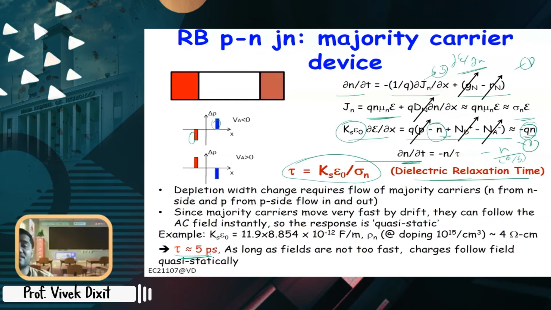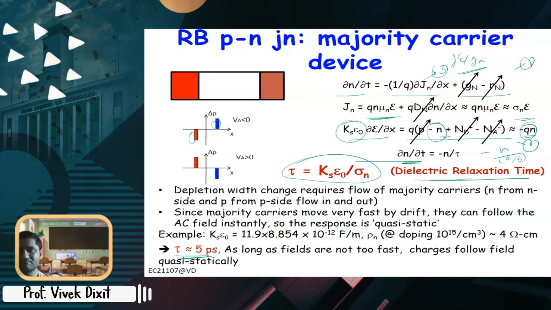Now you can compare this with the minority carrier lifetime, which is of the order of a few tens of microseconds. So if a device parameter depends on minority carriers, it will depend on frequency. If it depends on majority carriers, it will be more or less independent of frequency up to a few tens of megahertz. Once you go to gigahertz, terahertz, it may again depend on frequency.